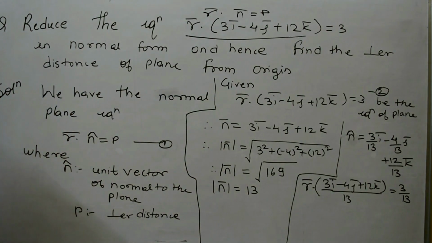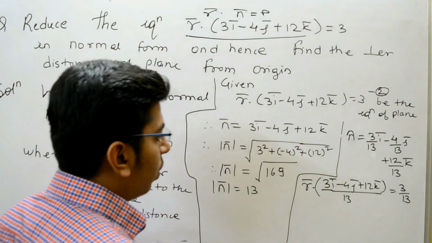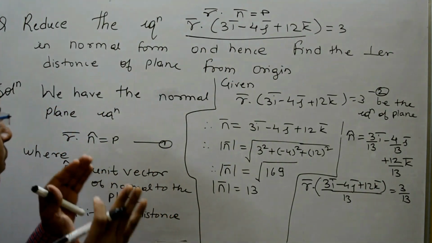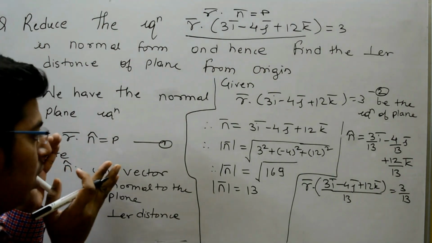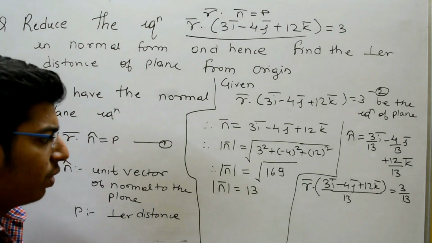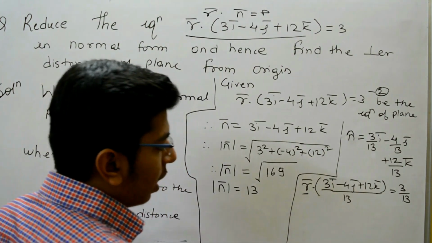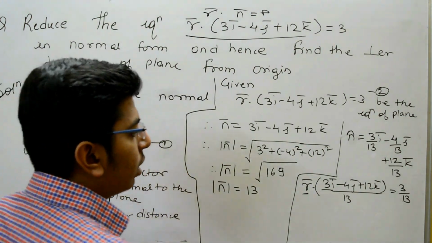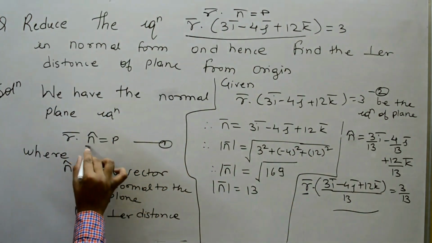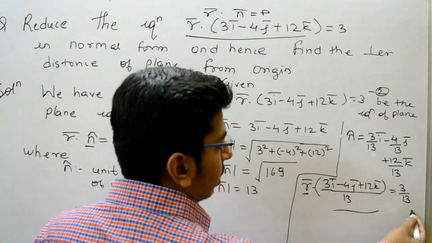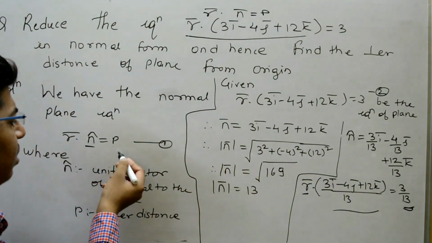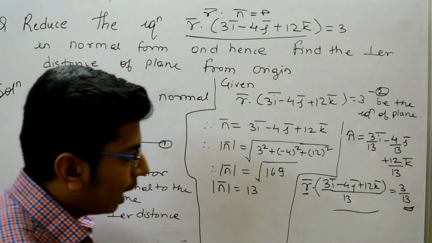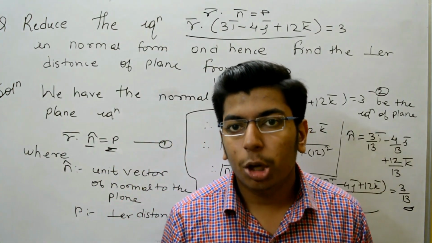Okay, up to here any doubt? So now by comparing it with equation number 1, you will definitely find out that this is r bar, this is n cap over here, and this is simply p. So write the next statement below it.